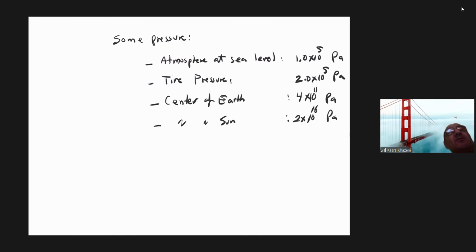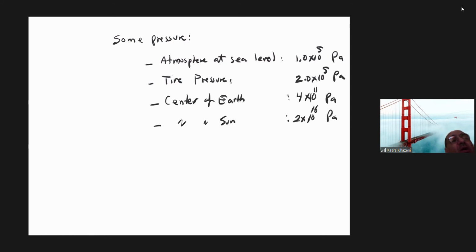All right, so that's some of the pressures, just so you have a gut feel for when somebody says 100,000 pascals, you say, oh, that's the atmospheric pressure on Earth at the sea level. That's just roughly how we build up intuitive feeling for what Pascal measurement is.